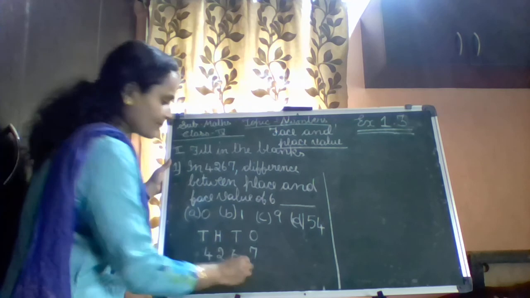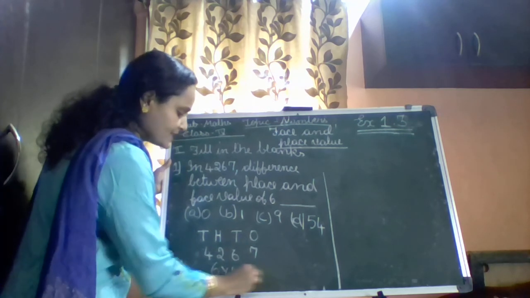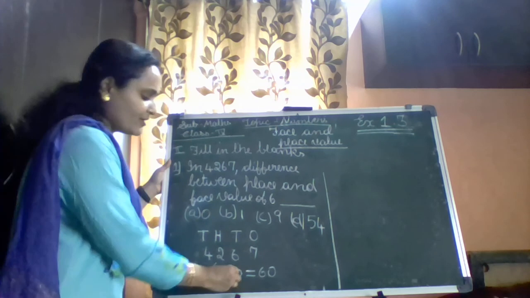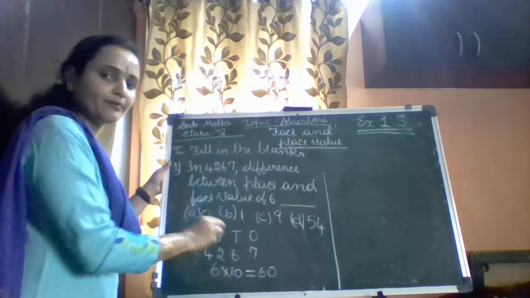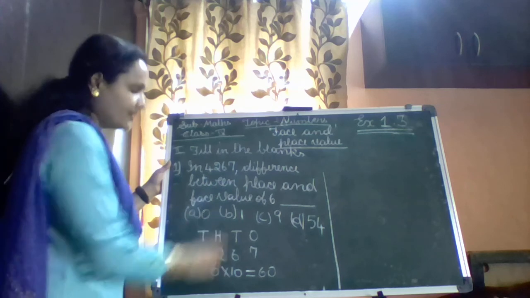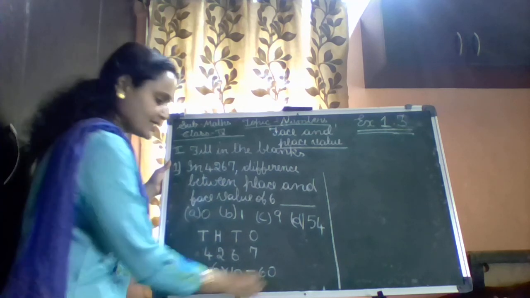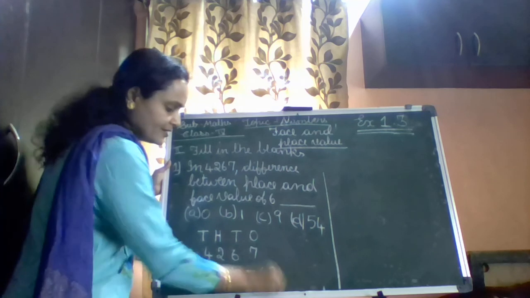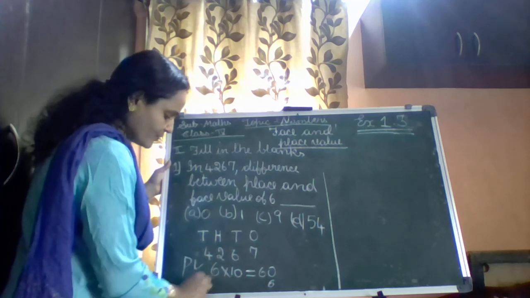So 6 multiplied by 10 is 60. Why are you multiplying it by 10? Because 6 is under tens. That's why I am multiplying this 6 with 10. Now this is the place value. The face value of 6 is 6 only. Right? This is the place value and this is the face value.